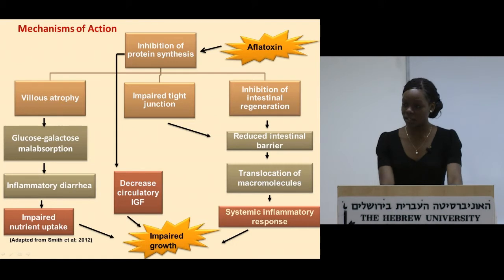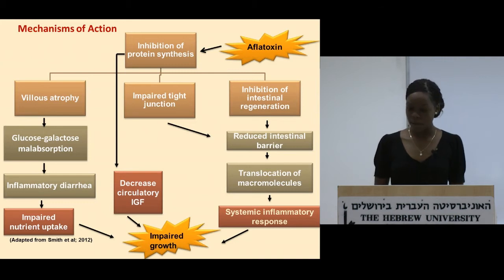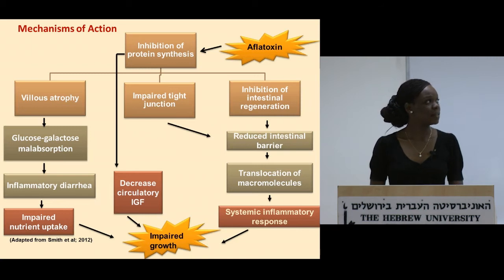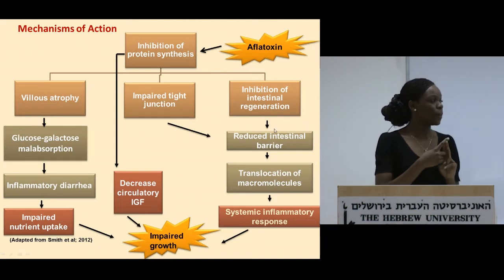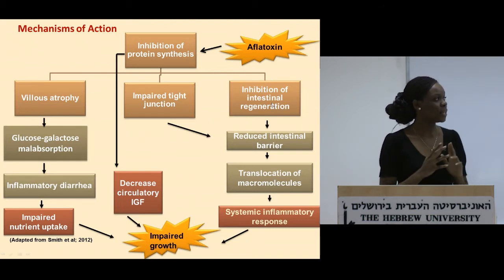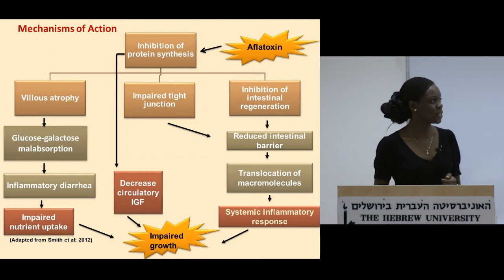Again, when protein synthesis is inhibited, the regeneration of the gut, which is supposed to occur at a constant level, is reduced. The tight junctions that regulate the permeability of the intestine are also interfered with. Once the tight junctions are interfered with and regeneration of the intestine is inhibited, there is a reduction in the intestinal barrier.